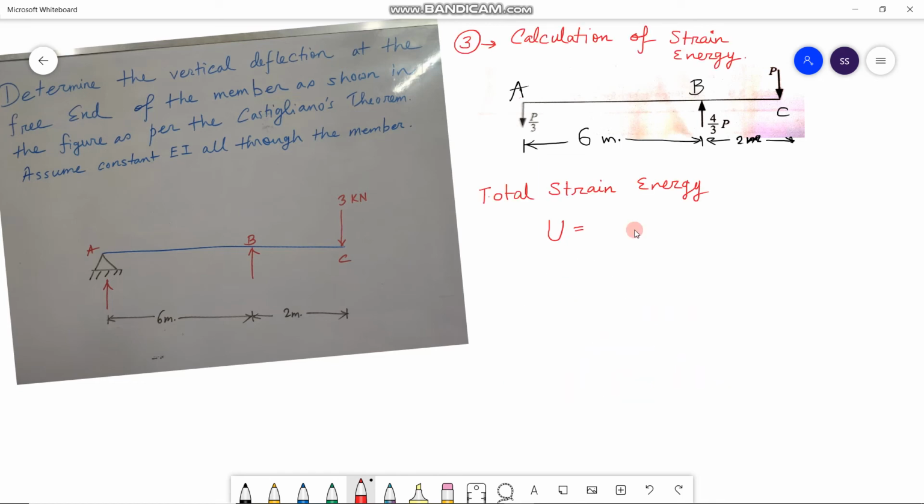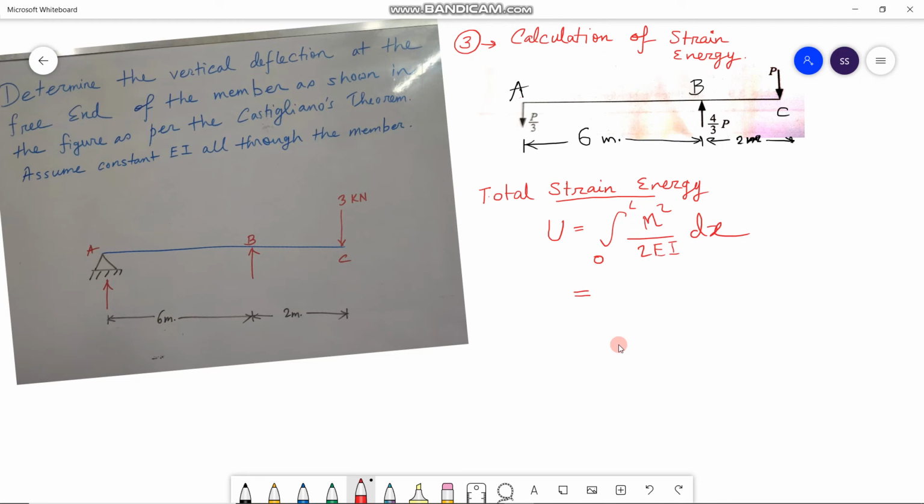So to calculate the total strain energy, we have U equals integration 0 to L, M square by 2EI dx.